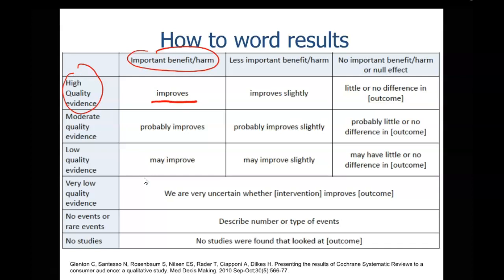If the benefit is a little smaller, you would maybe say improves slightly. If there's no benefit, there is little or no difference in outcome, right? So improves slightly, little or no difference. So it kind of goes from left to right. It's downgraded the same way from top to bottom. So let's say you have evidence of moderate quality.